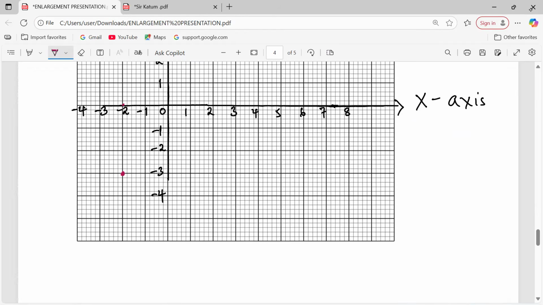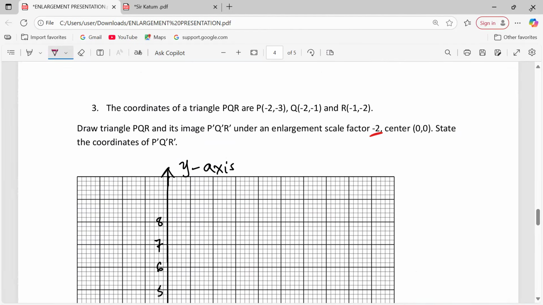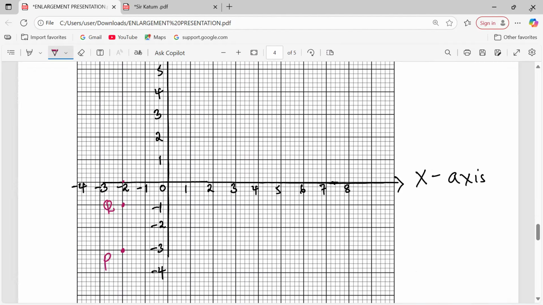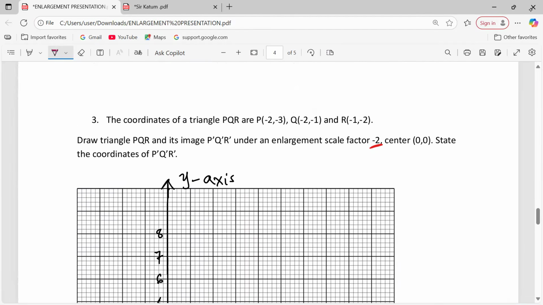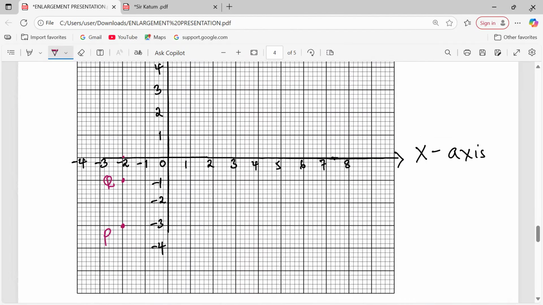The intersection gives us our P. Then we proceed to Q: (-2, -1). The intersection of -2 and -1 gives us Q. Then we have R, (-1, -2). So -1 is here, intersecting with -2 at this point. This is now coordinate R.